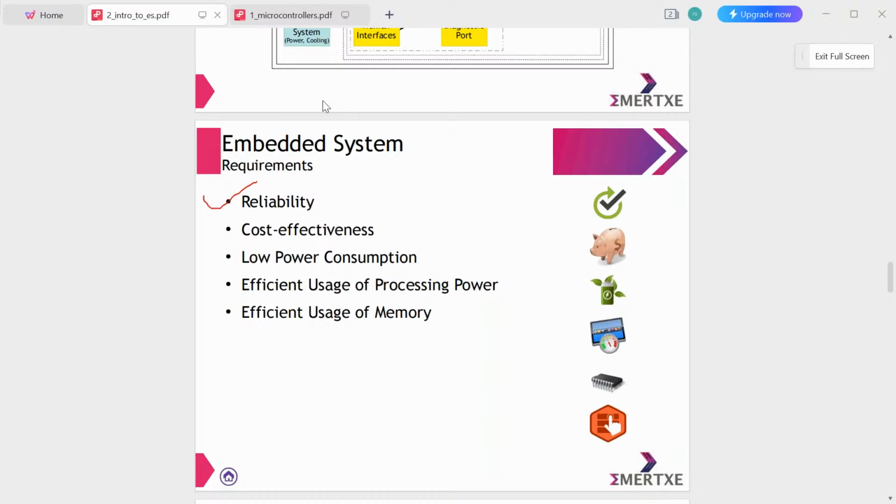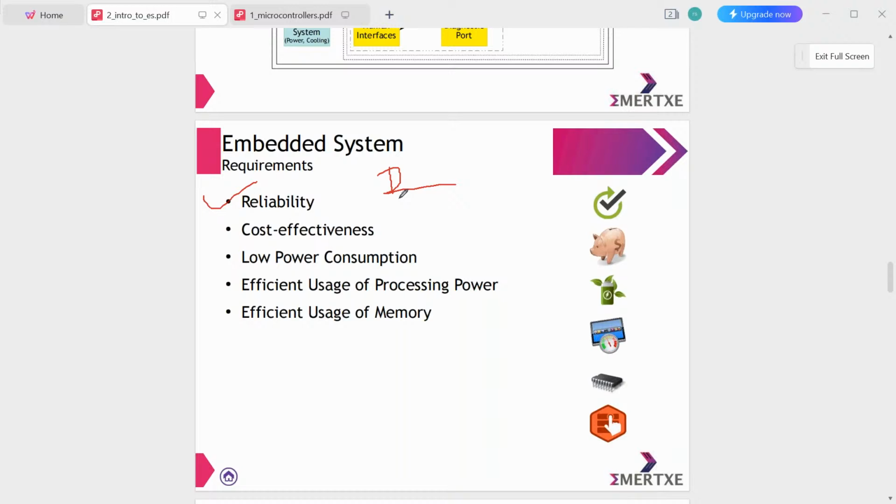For example, let's say you are designing the embedded system. You tell me that you are giving me 1 year of warranty on that product. The product is a little costly, but since you are giving me 1 year, or let's say 2 years of warranty, I believed in you and purchased your embedded system.